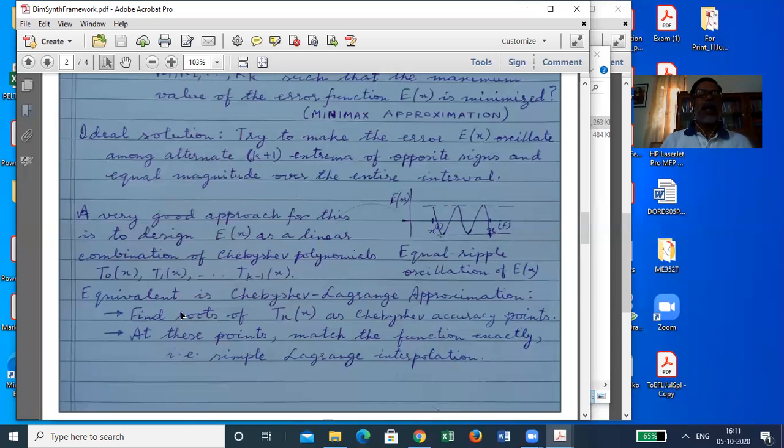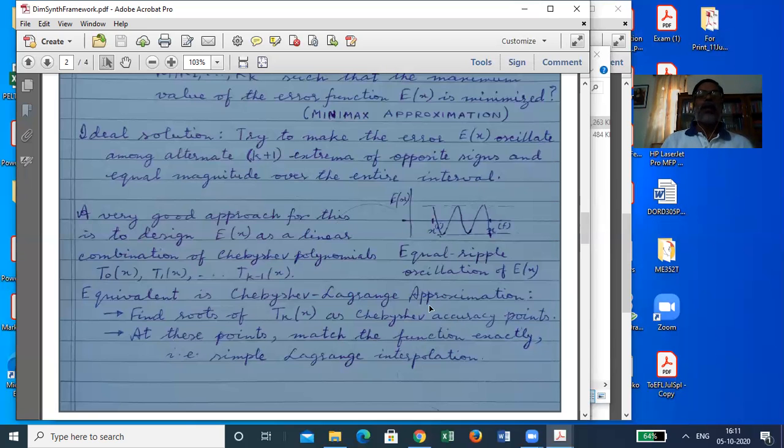You find the k roots of these, and keep them. Call them Chebyshev accuracy points. The claim is that if you can make the designed function match exactly at these values of x, then that will be the best that you can achieve with k parameters in hand.